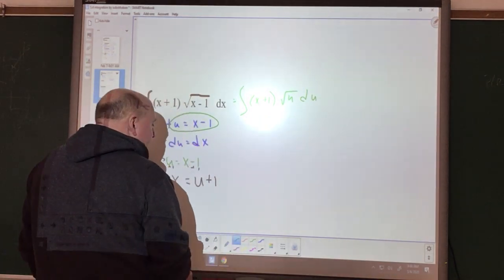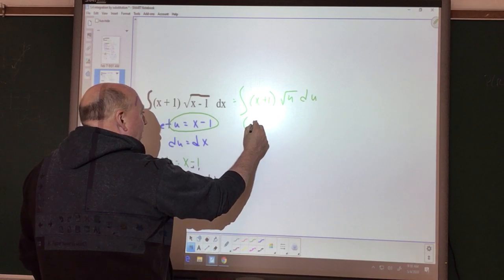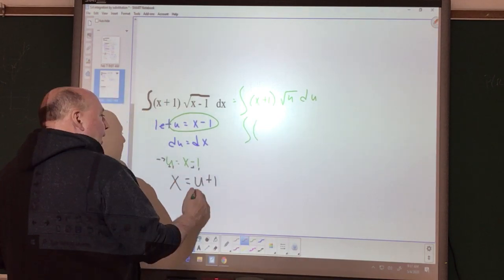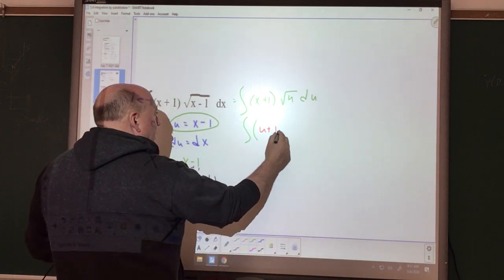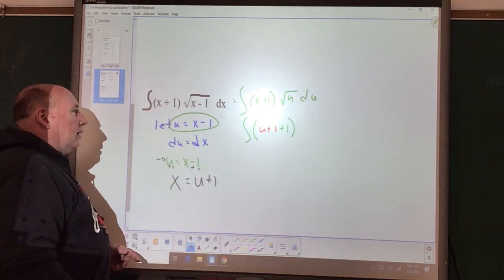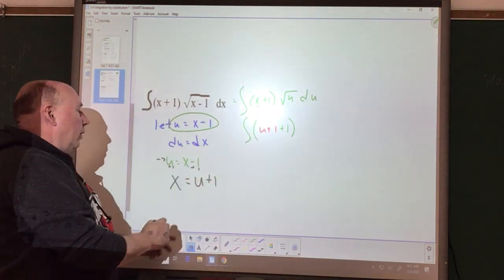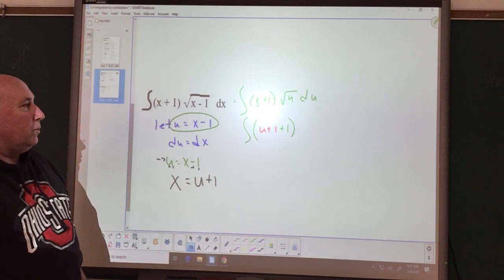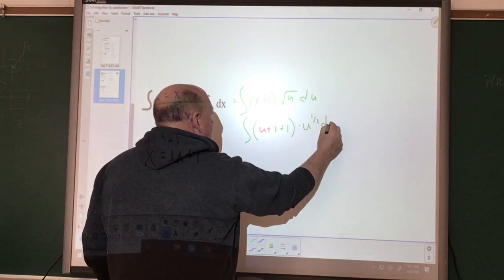So still maintaining my substitution, we have the antiderivative. Now we have u plus 1 plus 1, because we're taking this x out here and replacing it with what x is equal to, u plus 1, and then times u to the 1/2 power du.